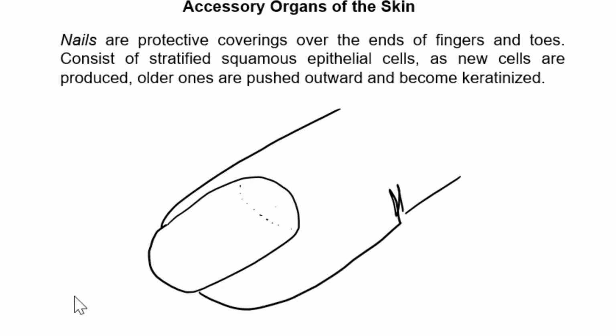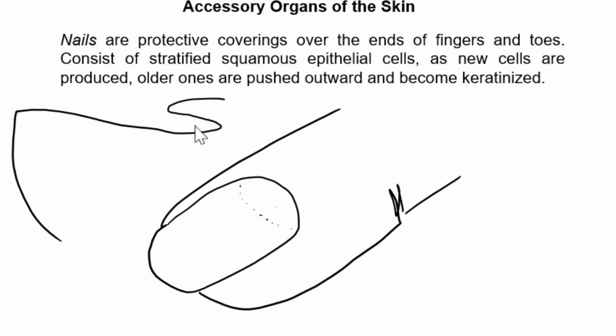If we draw it from the side, it goes like this, and it comes back, and then you have the rest of your finger, and of course your fingernail. Underneath it here is the nail bed, and the nail bed is connective tissue. It is holding all of this stuff together all the way up into here. And under here you have the matrix of the nail bed. This is where all the growth starts for the fingernail.